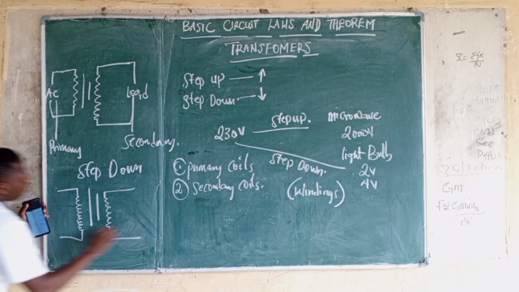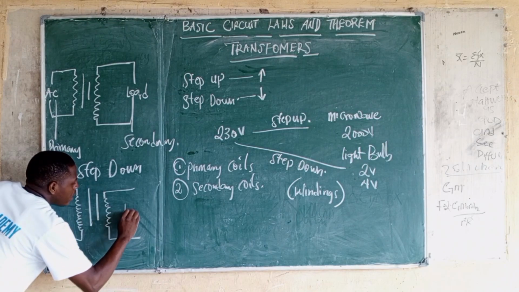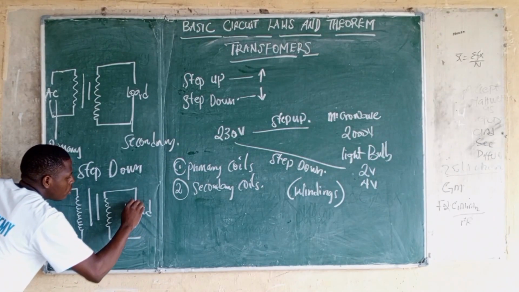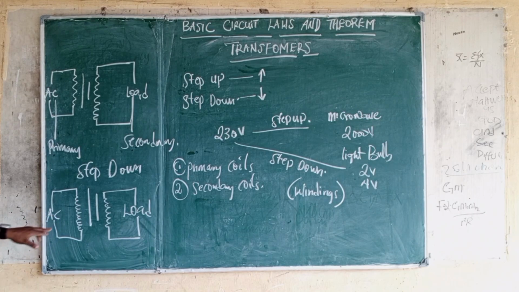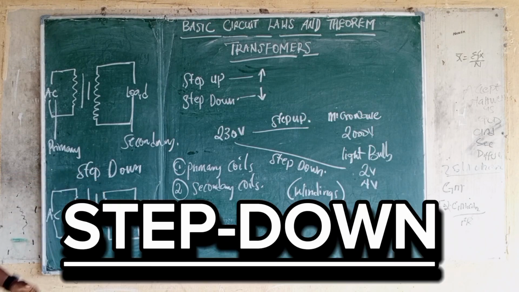So if you take a transformer of this nature, and you know that this side is connected to your load, and this side is connected to your AC source, how do you identify this transformer to be a step-down? Look at the windings. You can see that this winding is greater than this secondary winding. So in a case where your primary windings or primary coils are greater than your secondary coil, then that is a step-down transformer.